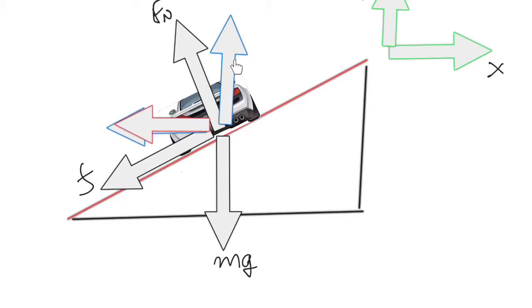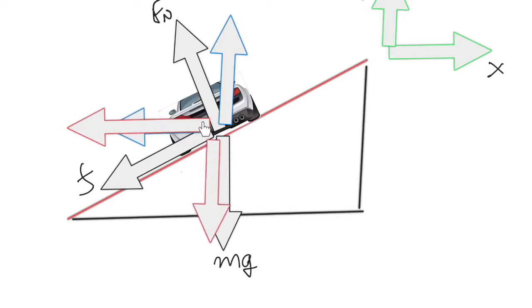The normal force is resolved into its 2 components. That's the vertical component, and the blue arrow is the horizontal component. Friction acts tangential to the road, and the red arrows show its components.